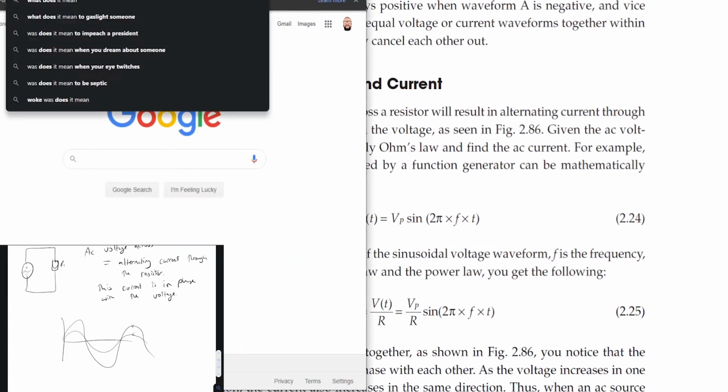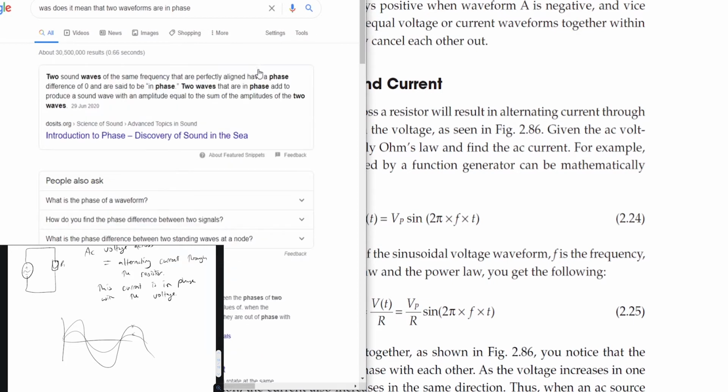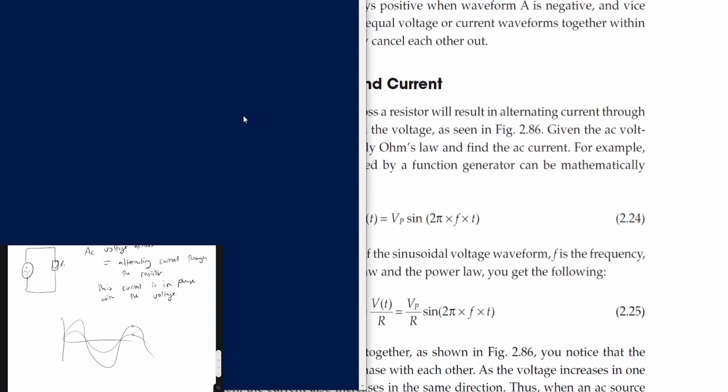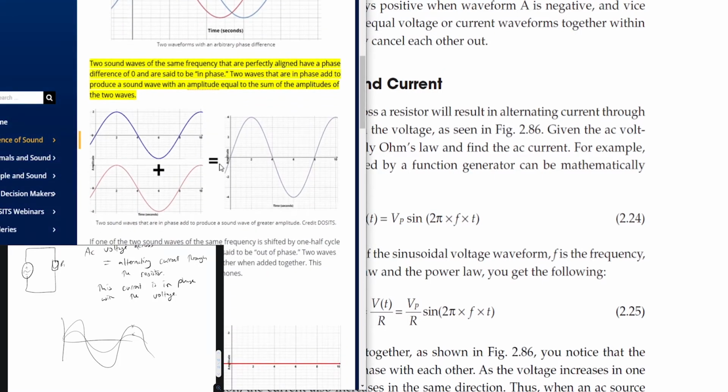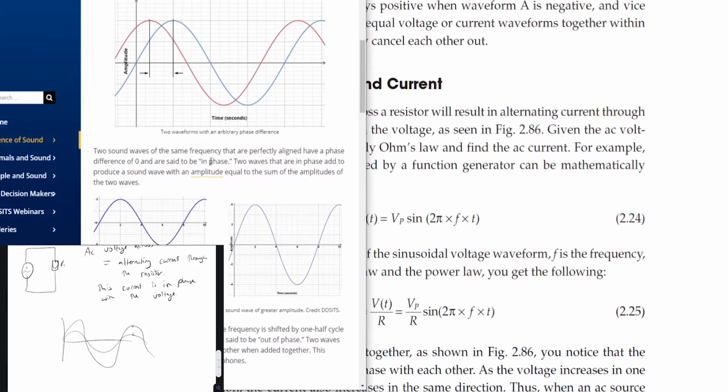What does it mean that two waveforms are in phase? Two waveforms of the same frequency that are perfectly aligned, having a phase difference of 0, are said to be in phase.